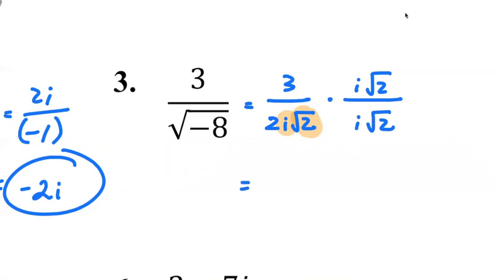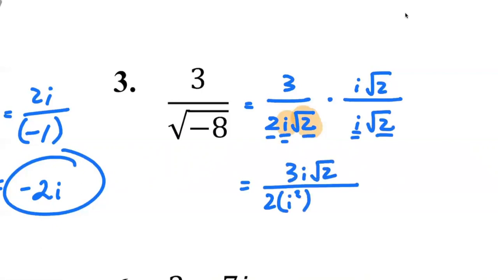Okay? So in the numerator, you have 3i root 2. All right, so far so good. And the 2 is right here, right? What's i times i? Oh, we have i squared. Right? What about root 2 times root 2? That's 2.